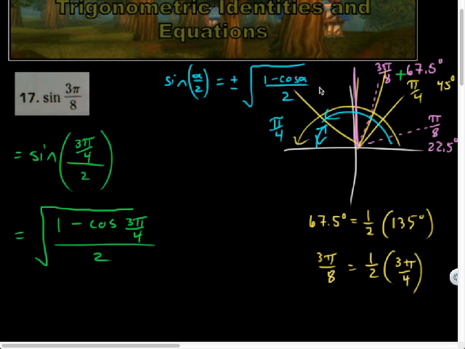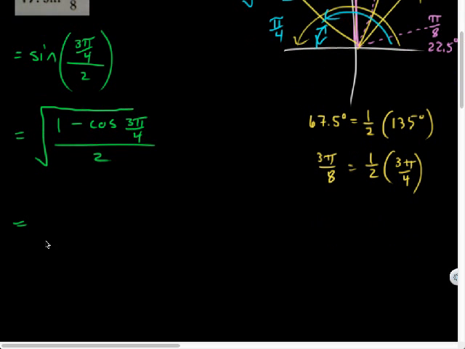Negative. So cosine is negative in that quadrant. So I believe, friends, that I could replace this with the square root of 1 plus, or minus a negative, cosine of pi over 4.